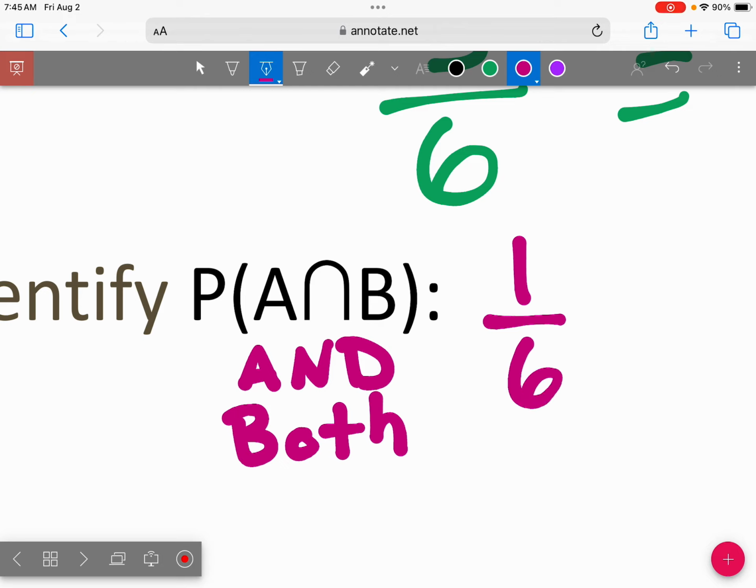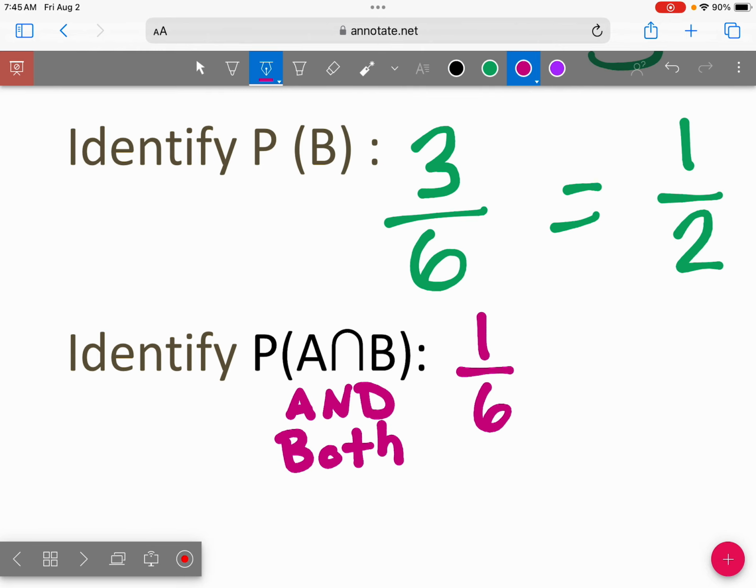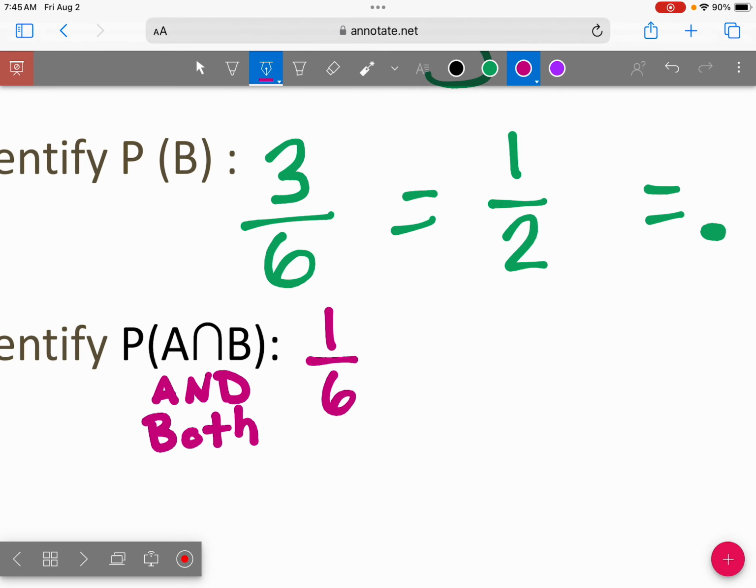The only one that has both is 5. Does 1/6 simplify? Nope. What is 1/6 as a decimal? Do you know off the top of your head? Totally fine if we don't.